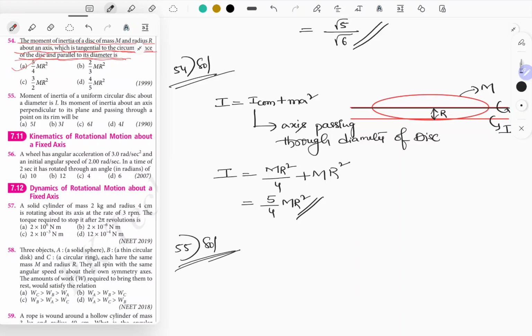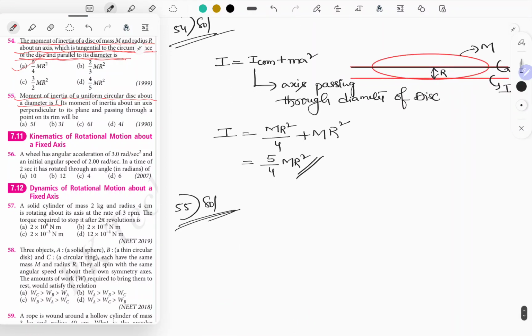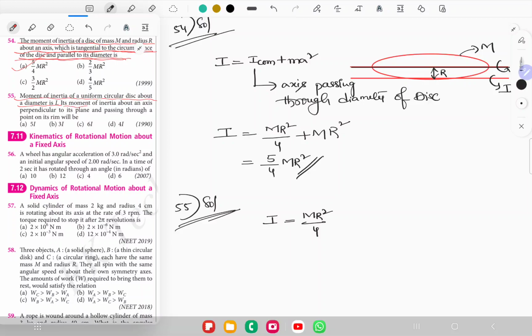In this question, the moment of inertia of a uniform circular disc about a diameter is I. So the moment of inertia of a uniform circular disc about its diameter is M r square by 4. This is the third time we are coming across this point. Now what's the question they're asking? The moment of inertia about an axis perpendicular to its plane and passing through a point on its rim.